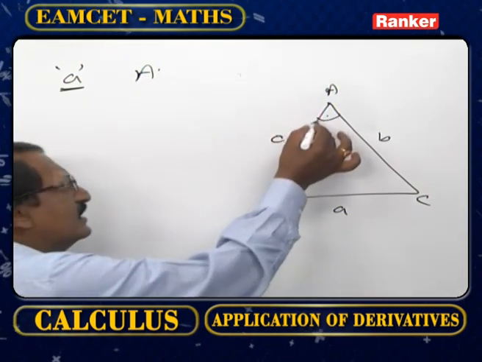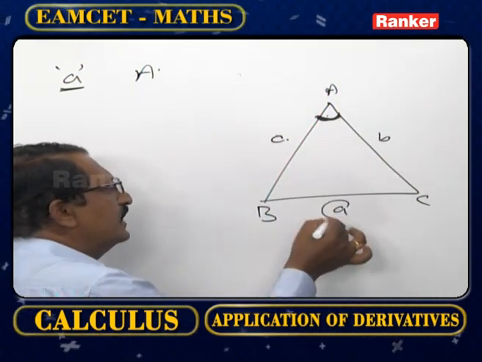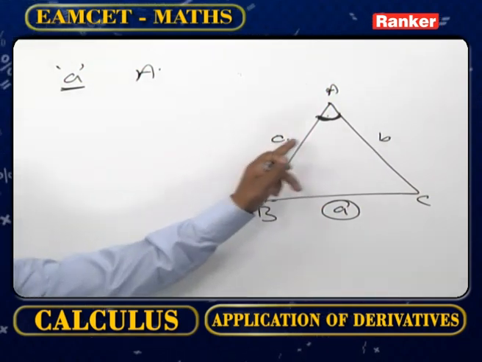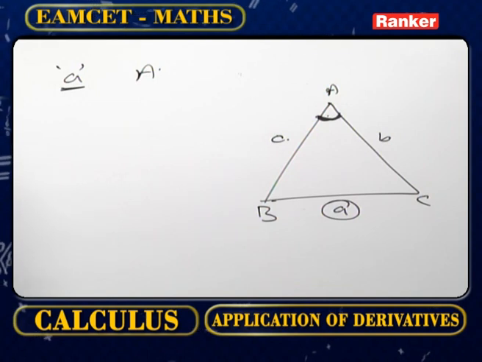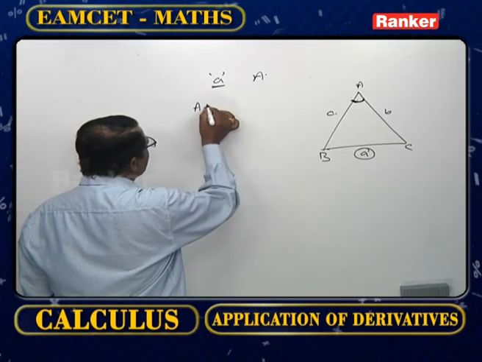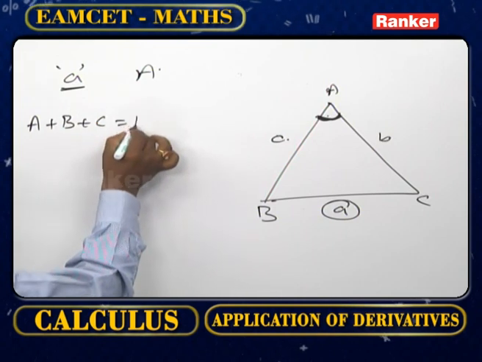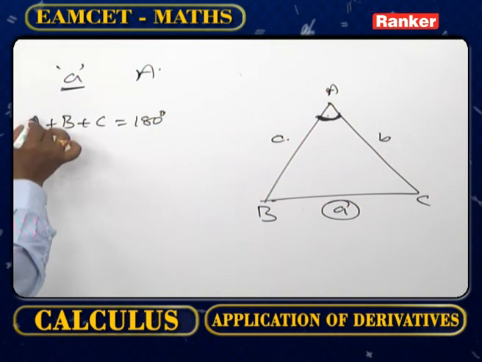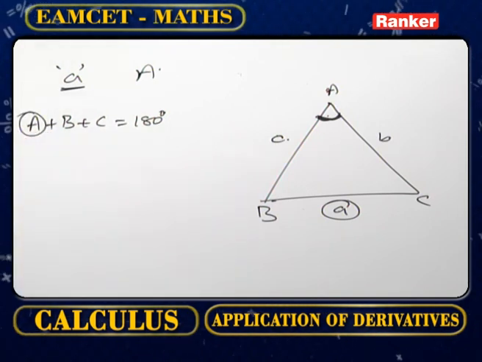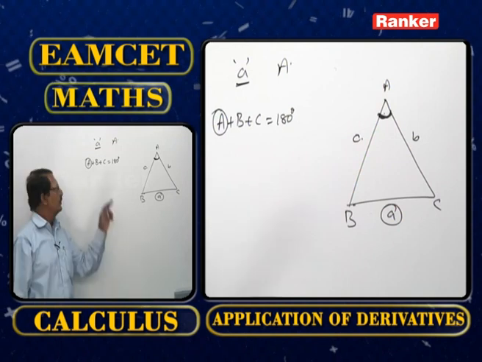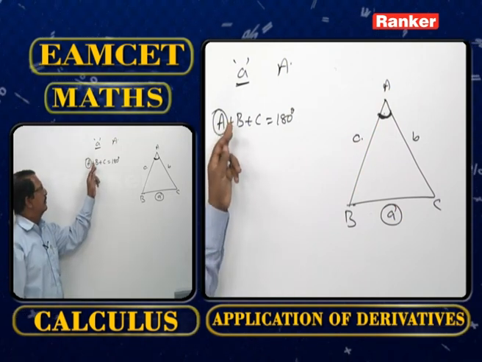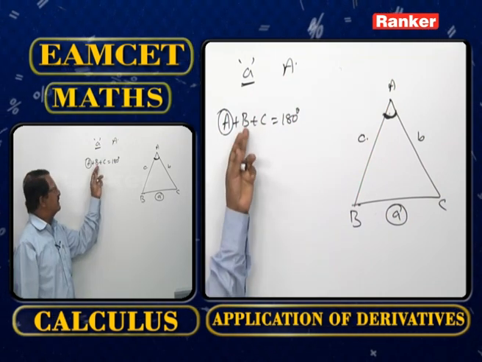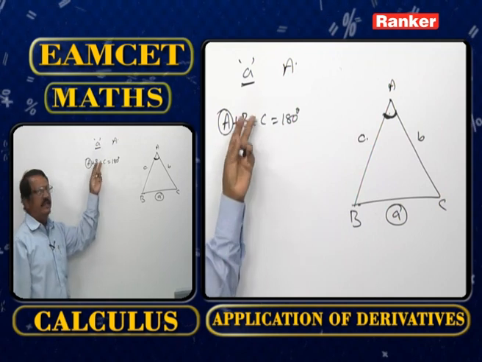Now here angle A and the length of the side BC are both constant, meaning B and C change, but the sum of angles in a triangle, A plus B plus C, equals 180. Angle A is constant, so there is no change in angle A. If B increases, then C decreases.